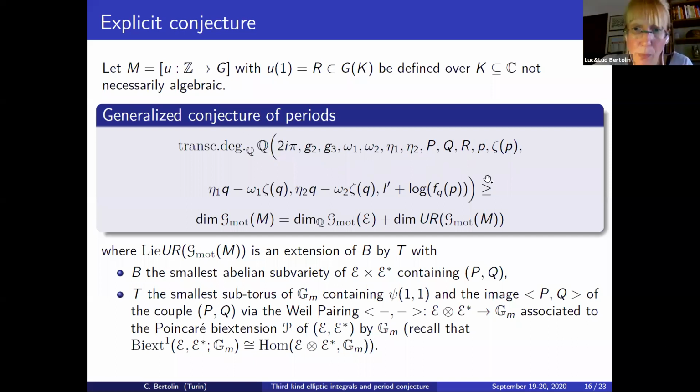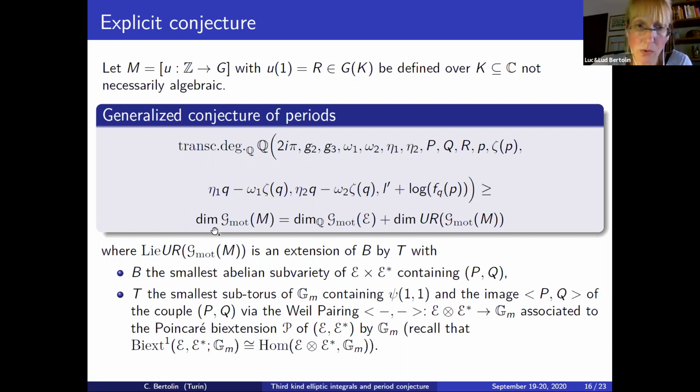And then I add all the periods: 2πi, ℘, ζ(P), η1(Q) − ω1ζ(Q), η2(Q) − ω2ζ(Q), L′ plus log f(Q, P). All these numbers are the periods of M.